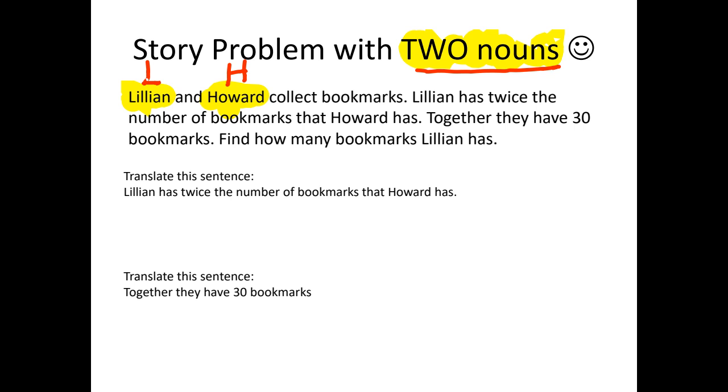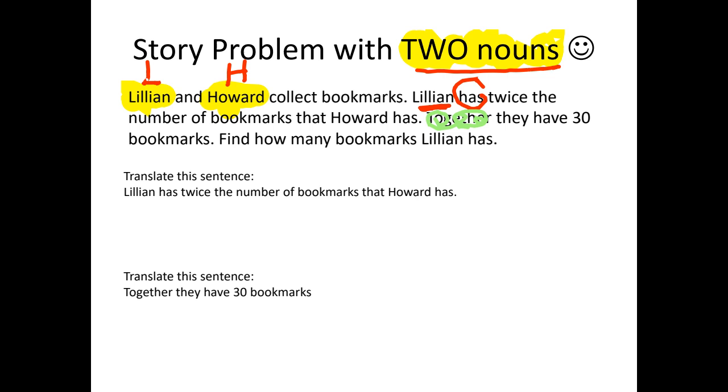Now, that first sentence just tells me the two nouns. It's the second sentence. Lillian has twice the number of bookmarks that Howard has. Then we have that lovely word, together.